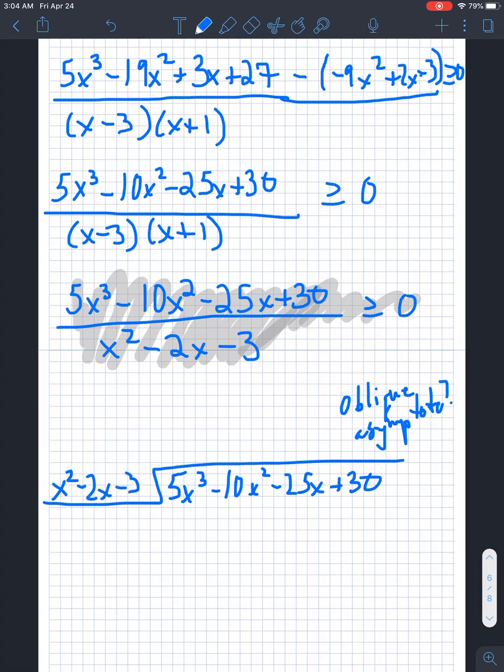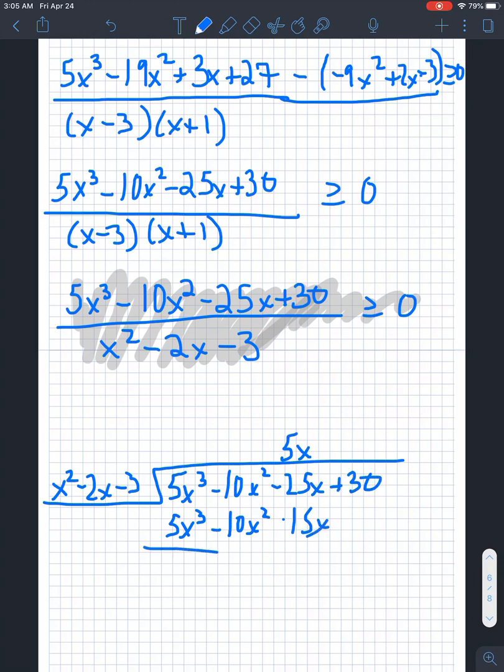So 5x cubed divided by x squared is just going to be 5x. 5x cubed minus 10x squared minus 15x is going to give me 0x squared, minus 10x plus 30. And that's just going to be plus 0. That's convenient. So this is your remainder.